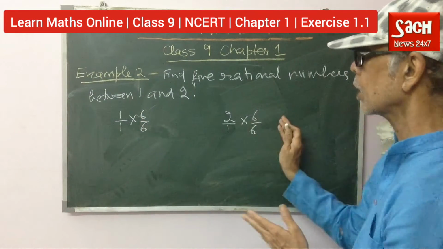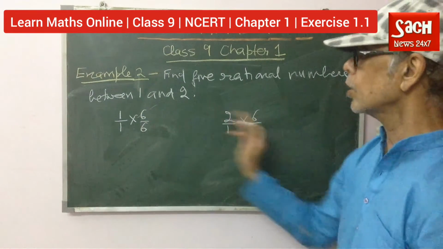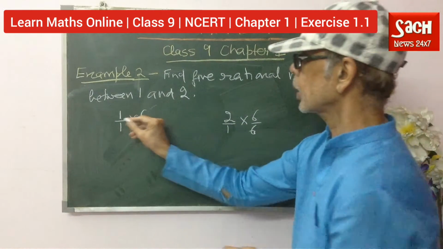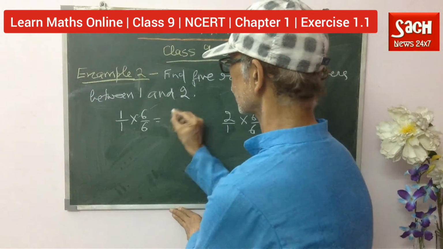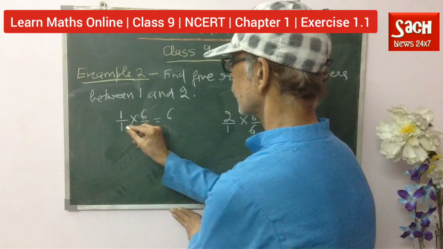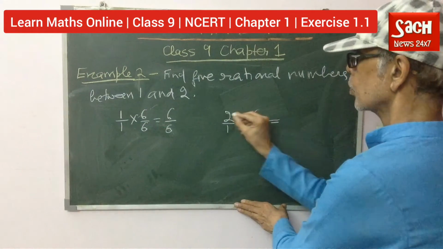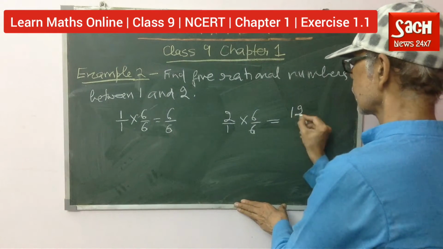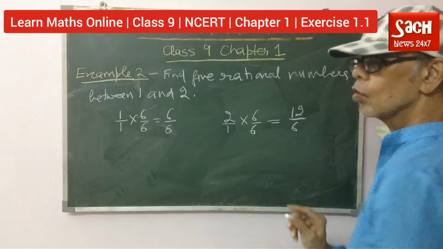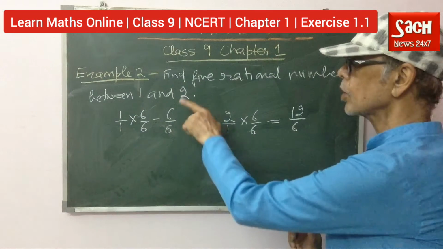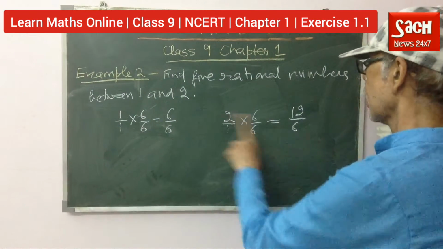So we are finding the numbers between 1 and 2. Multiply 1 into 6 equals 6, so 6 by 6. Then 2 into 6, 12, so 12 by 6. So you have to find the rational numbers between 6 by 6 and 12 by 6.